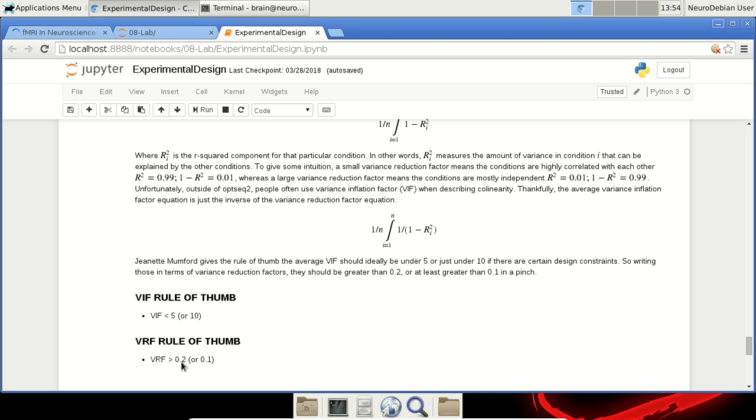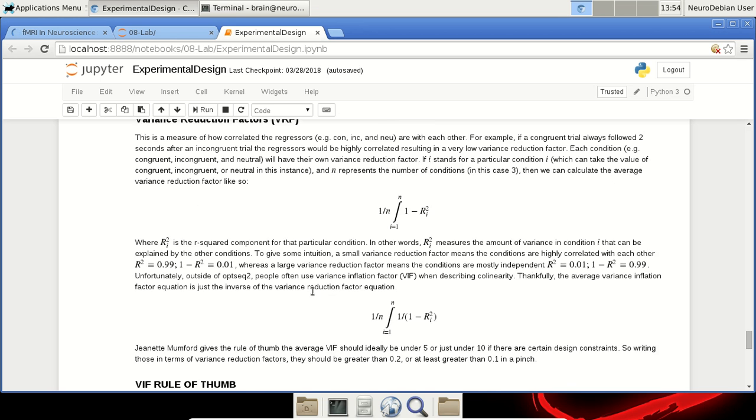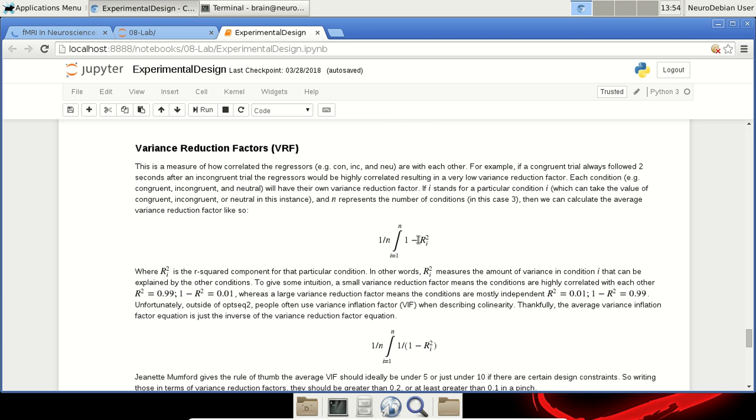We want it to be a larger number. There we go. Sorry, the inverses get me. Because if the r squared is very close to 1, then the 1 minus r squared is going to be a very small number, right? And so r squared is essentially a measurement of the collinearity between our condition of interest, or our current trial type, and the other trial types.